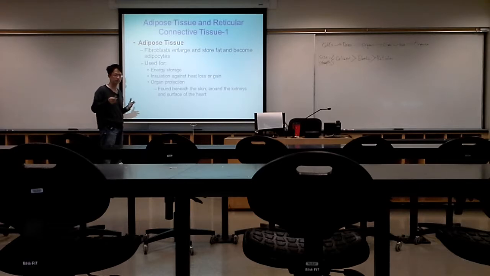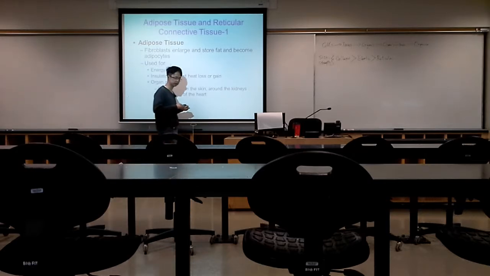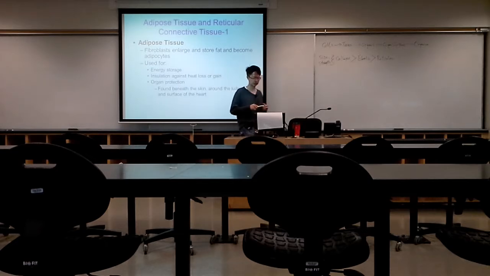In other words, if you get into a fight and hit someone here, where there is no bone protecting, it will potentially damage the kidney. We also have fat surrounding the surface of the heart, which is not a good thing, because you don't want to have a heart attack.